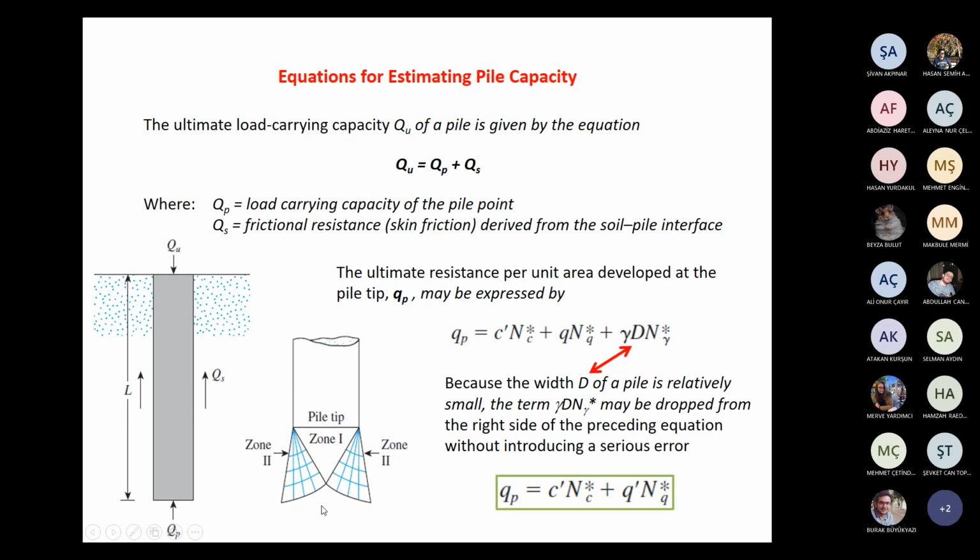Similar to shallow foundations, first of all we have to model failure around the tip of the pile foundation. Again similar to shallow foundations, under the pile foundation a triangle-shaped active zone develops. Inside this triangular zone, the soil material doesn't fail.